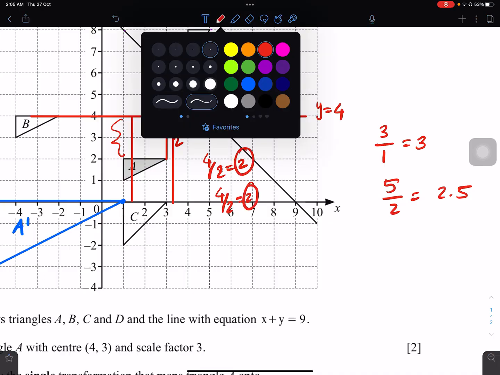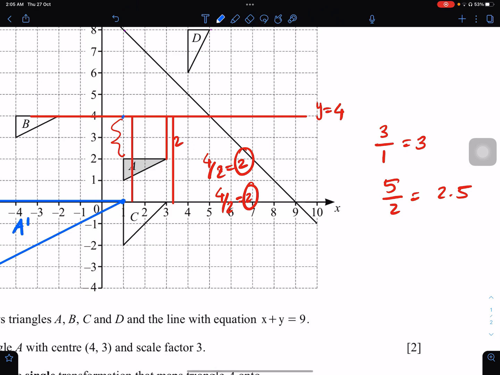Look at one more point. Let me take it from the invariant line to one of the points on the triangle, which is 3 units away, and the corresponding point has moved to 6 units away from the invariant line. This is the corresponding point. We see that 6 upon 3 is 2. So the stretch factor is 2, with the invariant line at y equals 4.